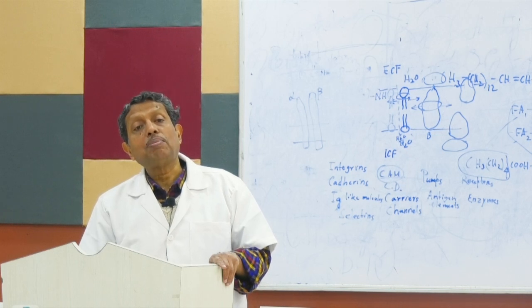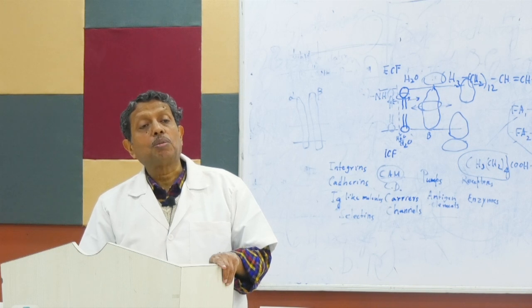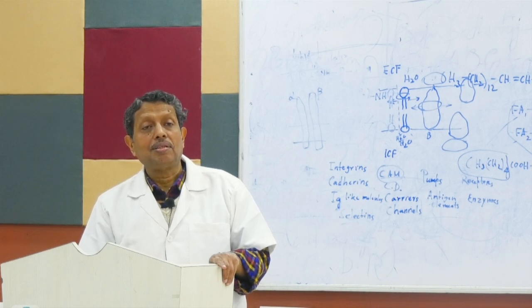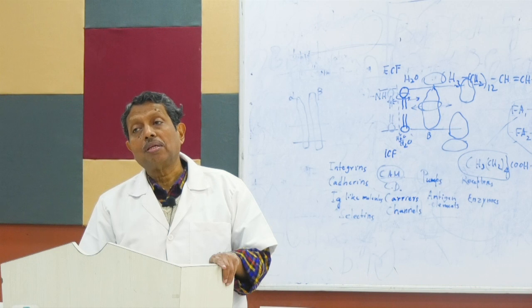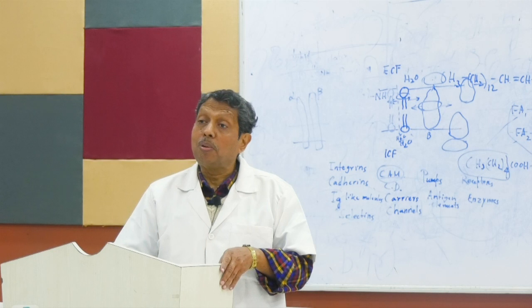And they have different types of ligands. They have numerous important functions, and a detailed discussion you can find in Harper's Biochemistry or other biochemistry textbooks. Here it is only mentioned that selection molecules have some importance.